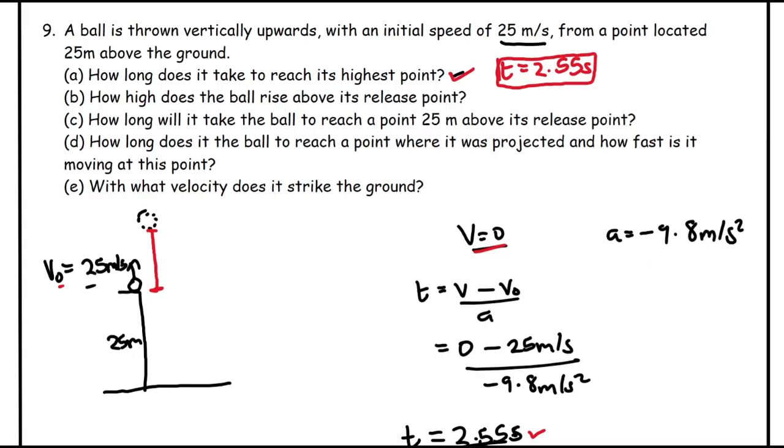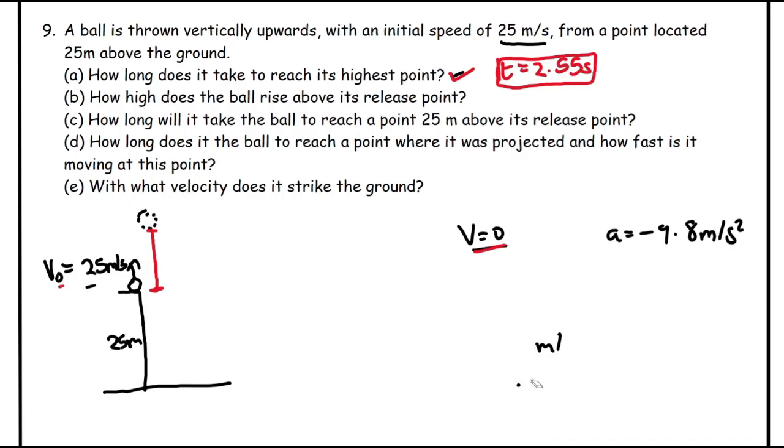Well, I think there are two equations we can use. Let me erase this first. There are two main equations we can use, but we can go ahead and use displacement is equal to v squared minus v naught squared over 2 times acceleration.